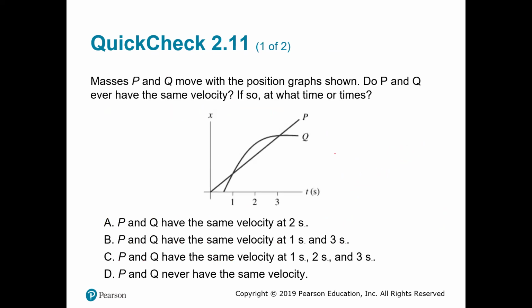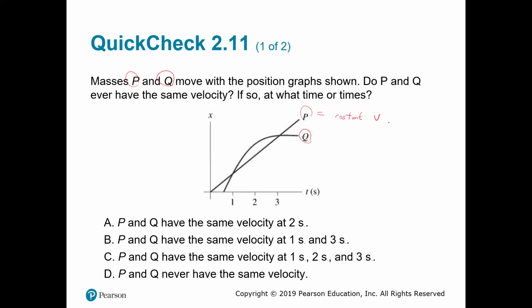And then a similar question: you have two motions, P and Q, along the P line and the Q line. The P line is a constant velocity motion, and Q depends on which slope you have. When do they have the same velocity?